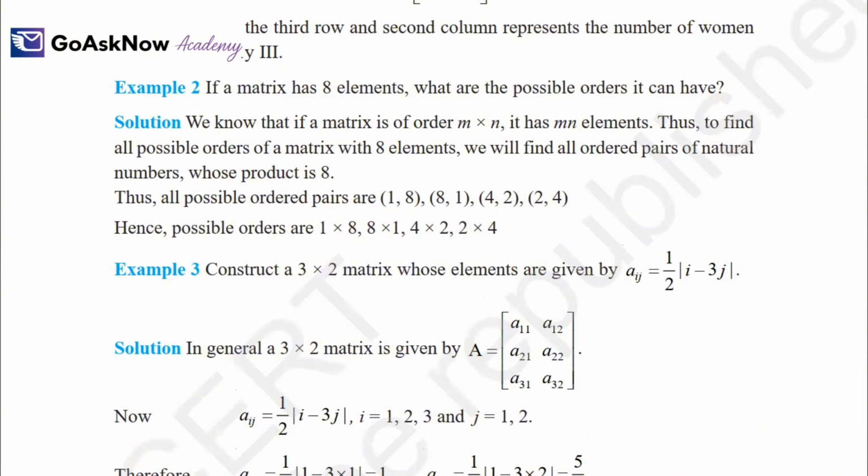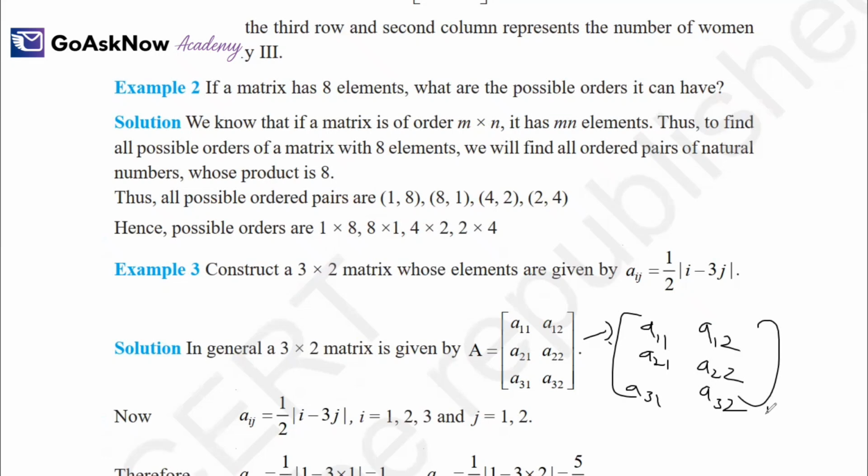A general 3 cross 2 matrix can also be written in the aij form. This is the aij form.